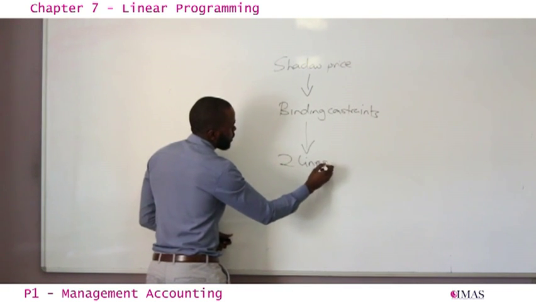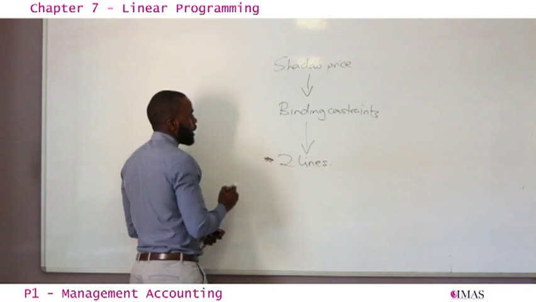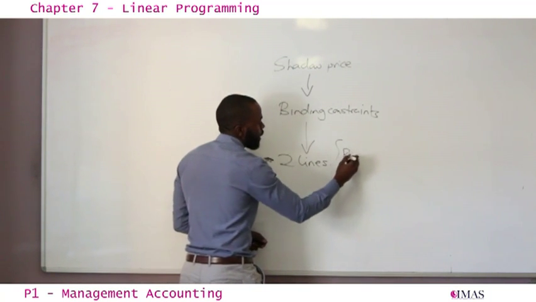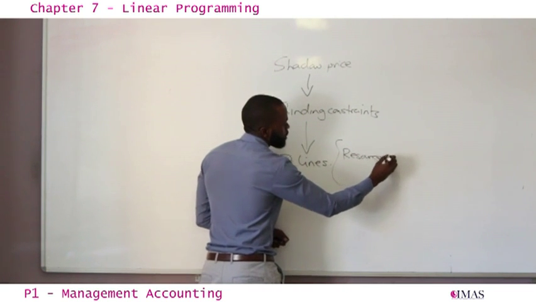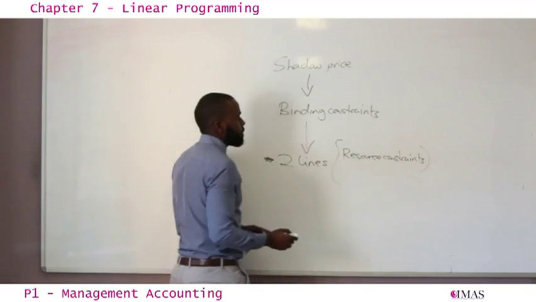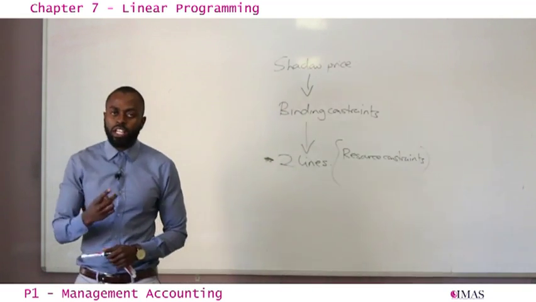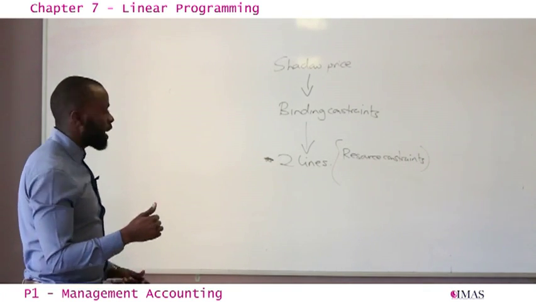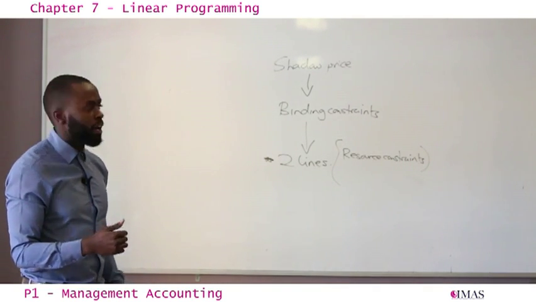Only 2 lines are going to have a shadow price, and they can have a shadow price only if they are resource constraints. So in some cases, you might have the 2 lines meeting, but one of the lines is a demand constraint. Then there's only going to be 1 line with a shadow price.